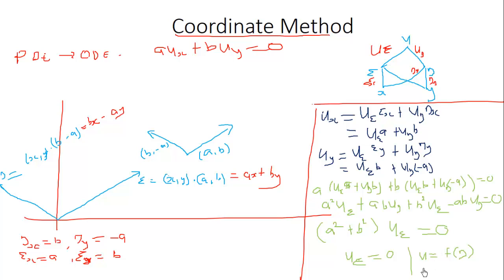So we have our u now being equal to f of (bx minus ay). So this was the solution that we've seen earlier on.